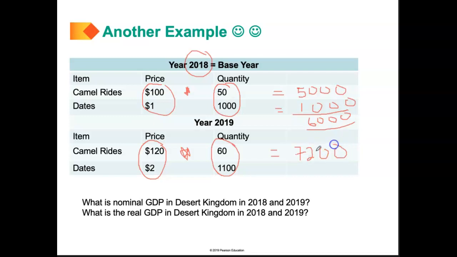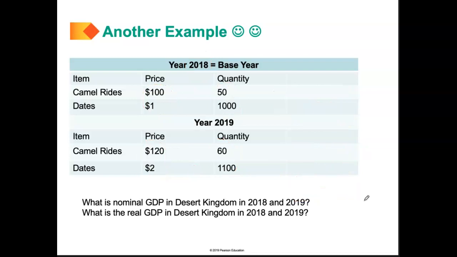And we have 2 times 1,100, and that is 2,200. So our nominal GDP is going to be 9,400. Our nominal GDP in 2018 is 6,000, and our nominal GDP in 2019 is 9,400.